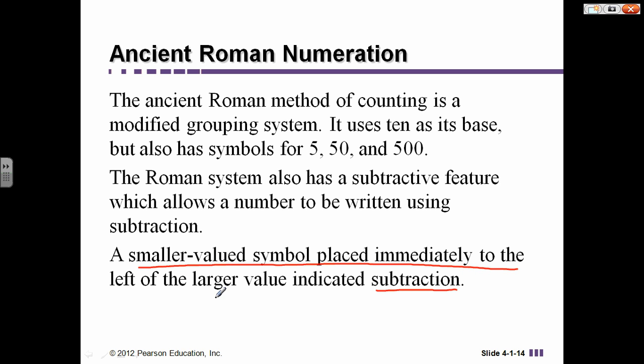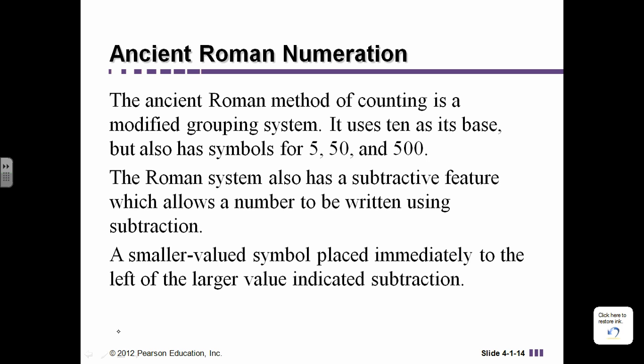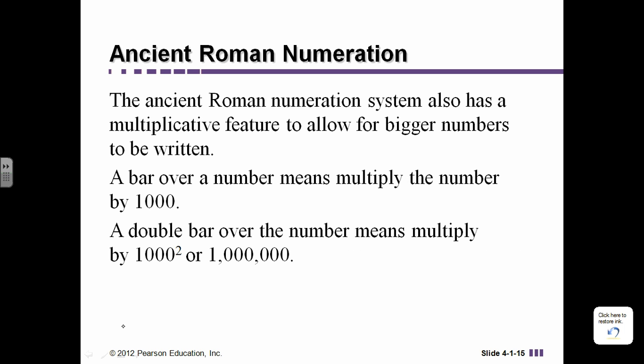And a really good example of that a lot of people are familiar with is the IV in Roman numerals represents the number 4. But V represents a 5, and the I represents a 1, so 5 minus 1 is 4.